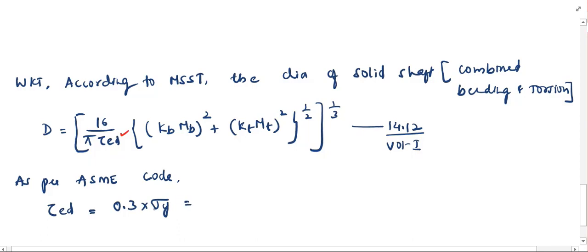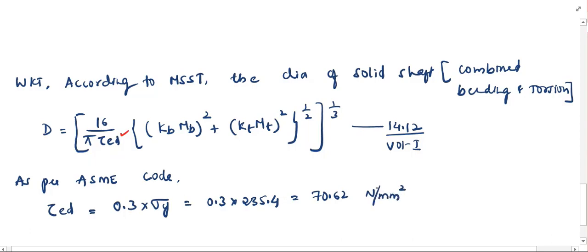In our introduction session, we have given the clear information regarding the ASME code. If you have any doubts, please visit the video and have a look at the information. So that is 0.3 into 235.4, which is equal to 70.62 Newton per mm square.